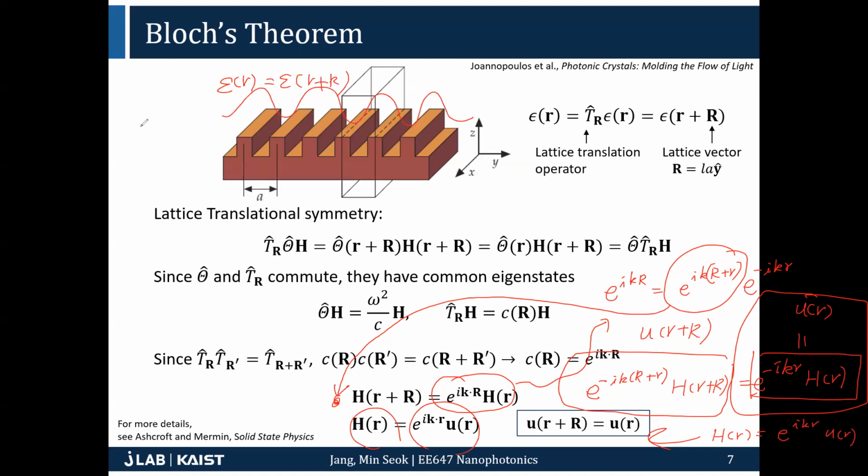But this periodic relation is not as simple as this. It's more like this, right? So your solutions are periodic functions multiplied by e to the i k r. So that's the solution of Bloch's theorem.